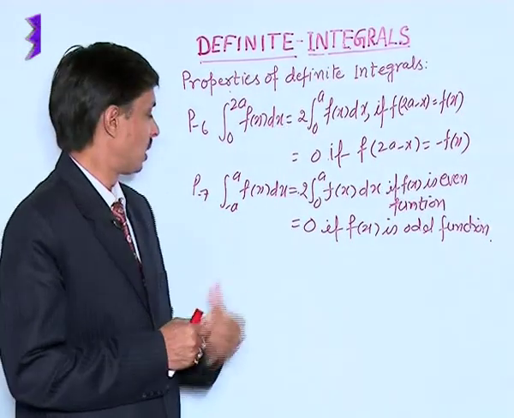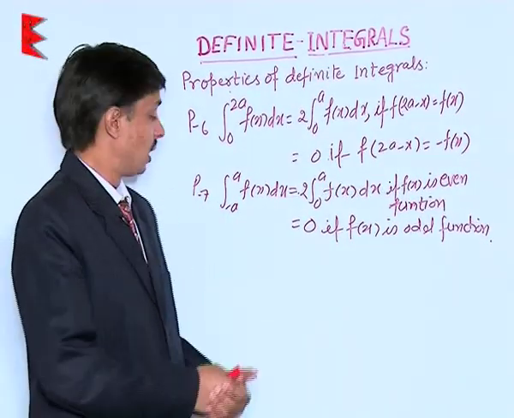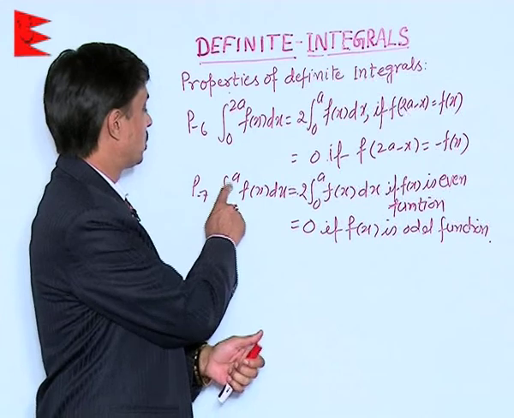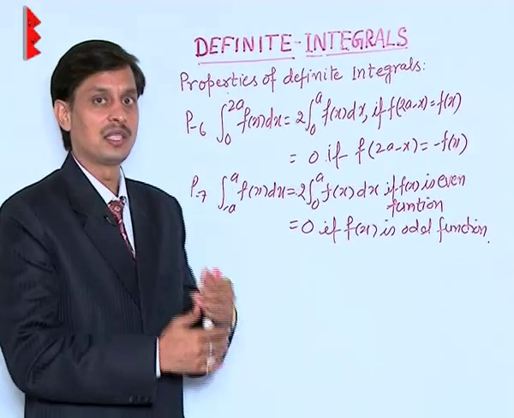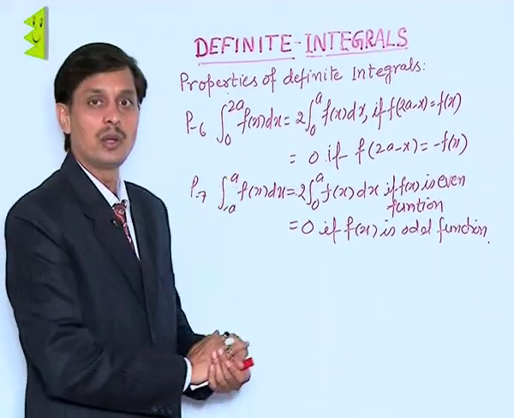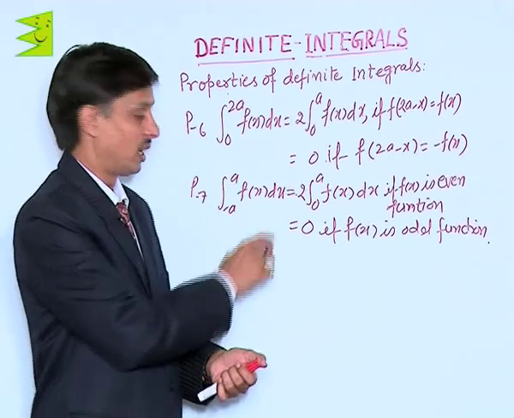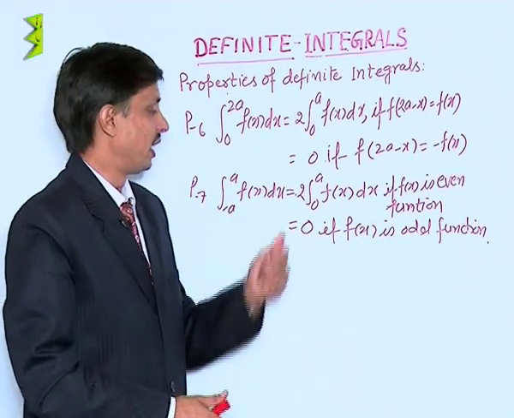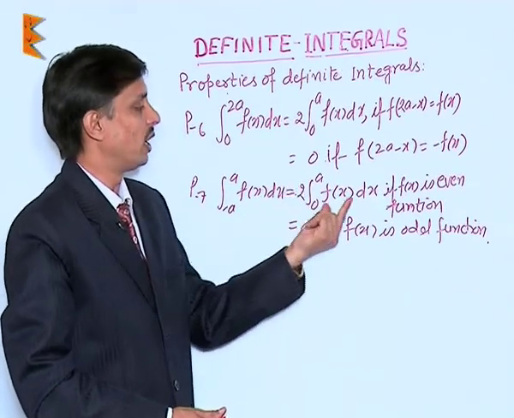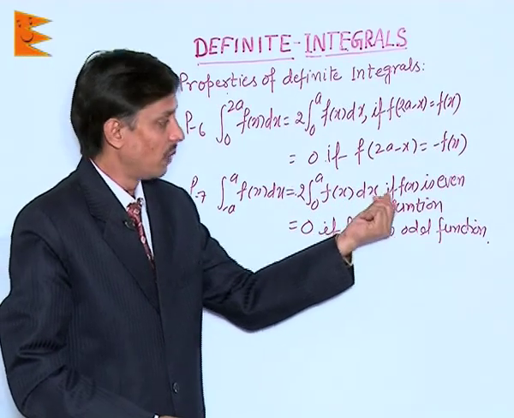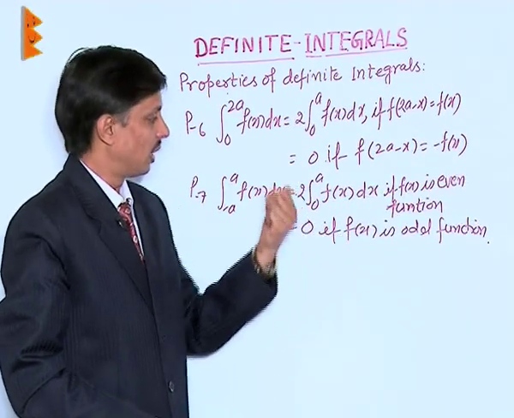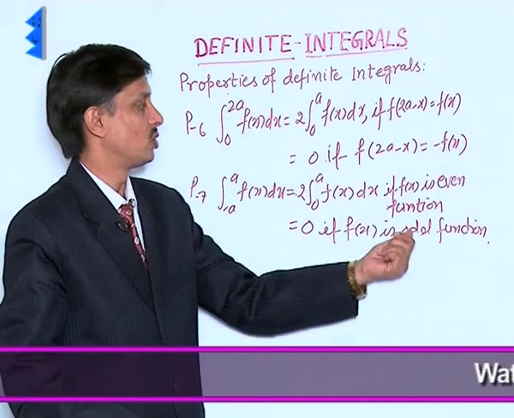Then the last property, property number 7: if limits are from minus a to a, say for example minus pi by 2 to plus pi by 2, or minus 10 to plus 10, f(x) dx, then it is twice the integral from 0 to a of f(x) dx if the function is even, and 0 if the function is odd.